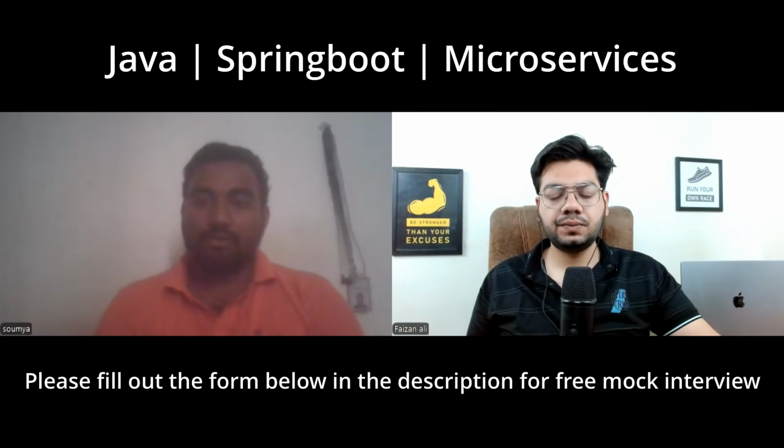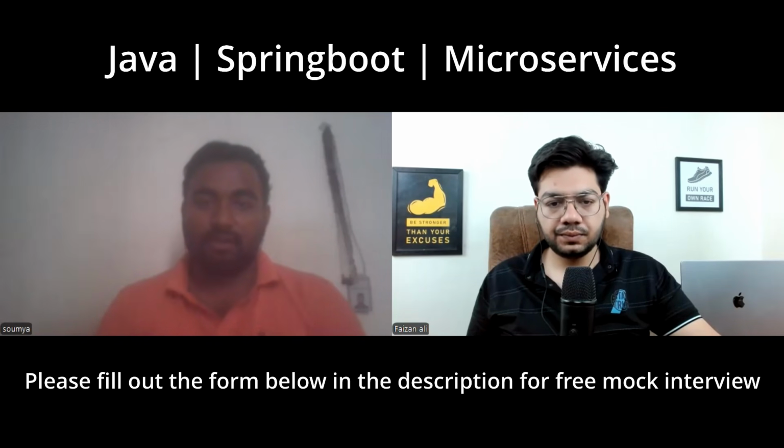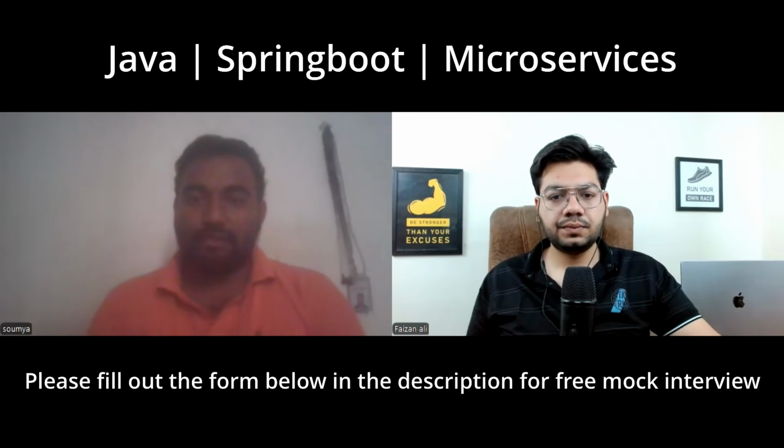According to that, we need to autowire the service. Then we call the service from there. The service interface will further move to the service implementation. There we can provide our business logic.